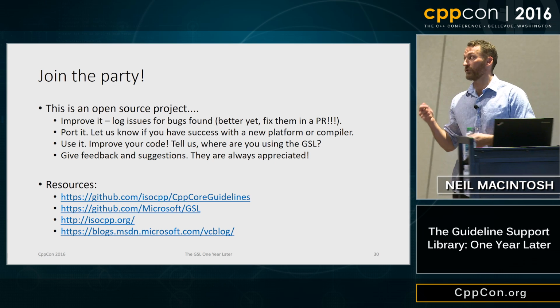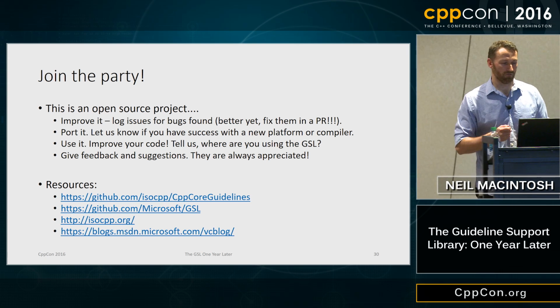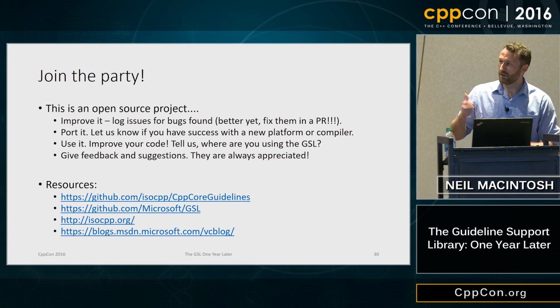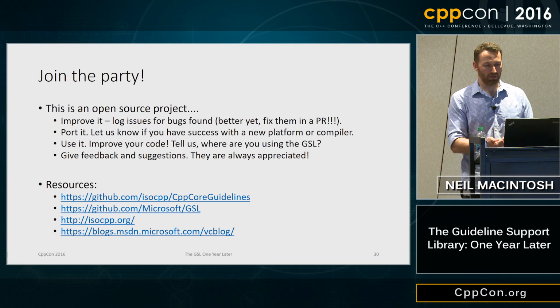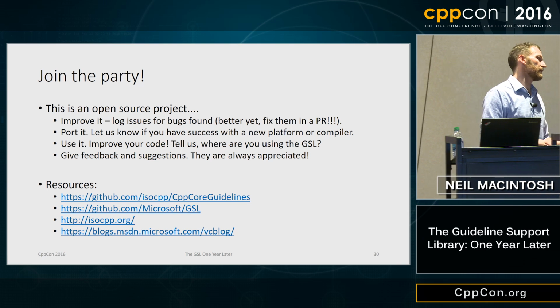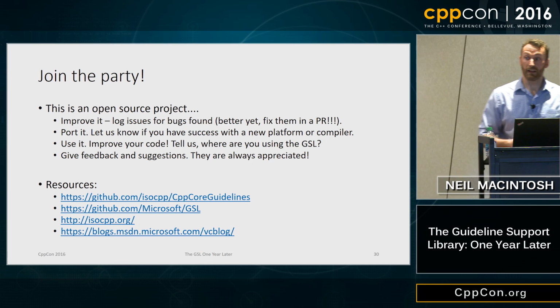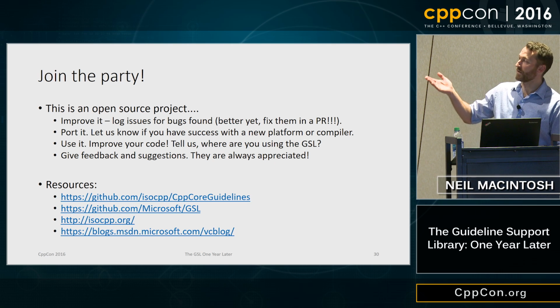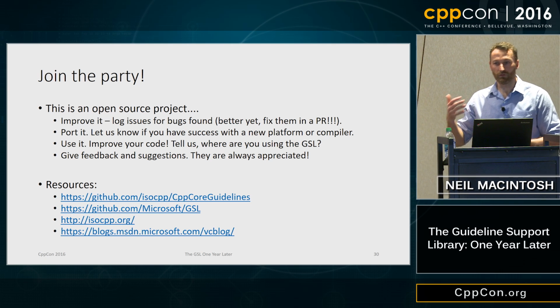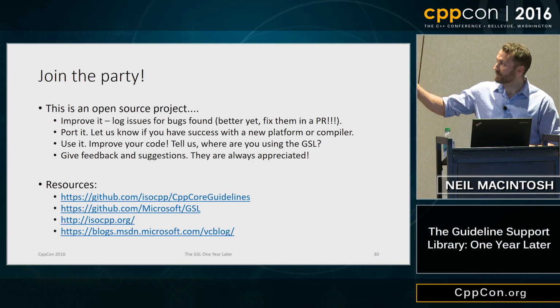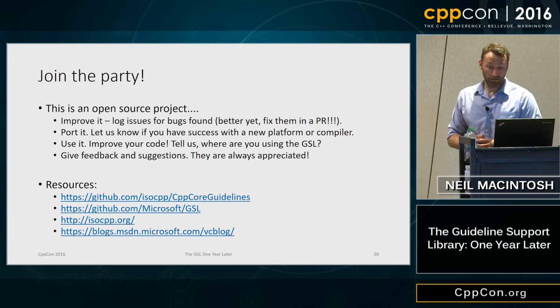I exhort you to come and join that collection of people and port the GSL, start your own alternative implementation if you want to, or use our GSL and tell us where it doesn't work for you: shortcomings, bugs, feedback. It all, as that set of open issues suggested, gets listened to, gets incorporated, makes it better for everybody. There's a bunch of links down the bottom there.